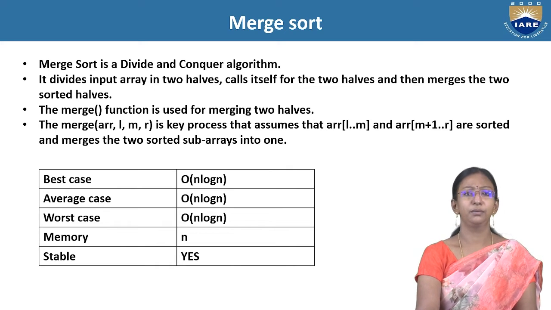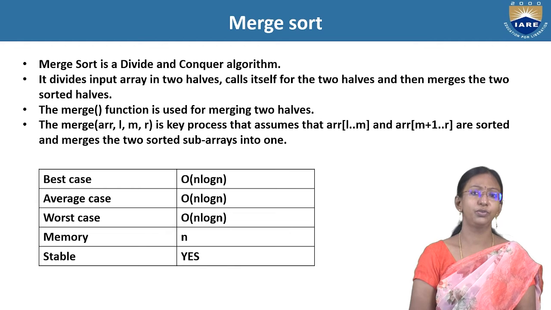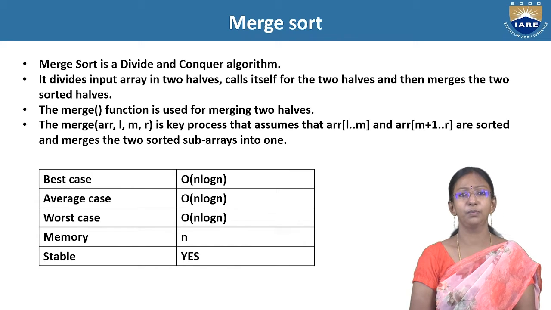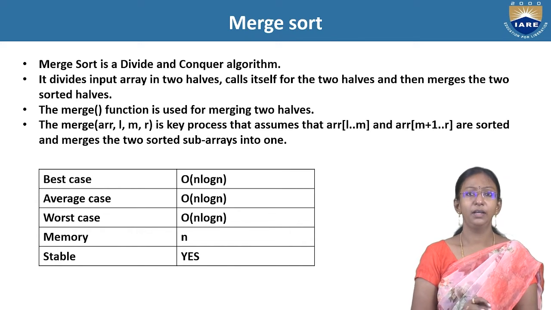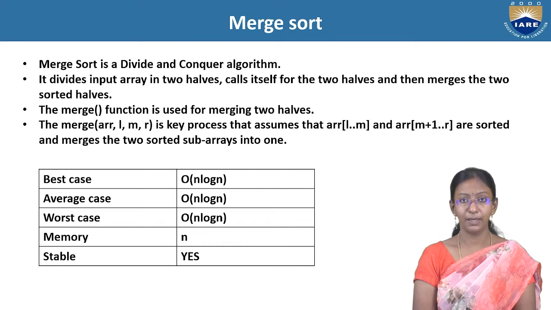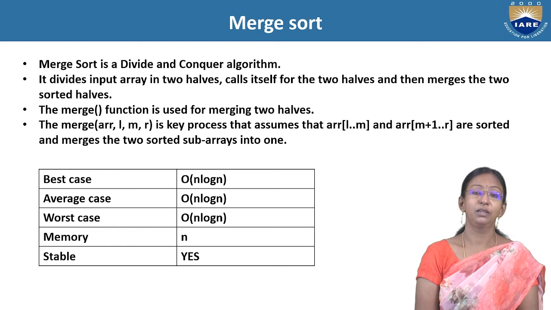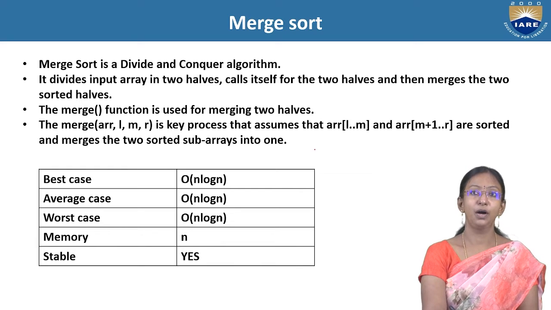The best, worst, and average, all three cases, its complexity is big O of n log n, right? And it is a stable one. The basic drawback, let me get that to you. The drawback with merge sort is it needs extra space. Suppose the list of elements which you need to sort is of size n, then you need an extra space of size n.